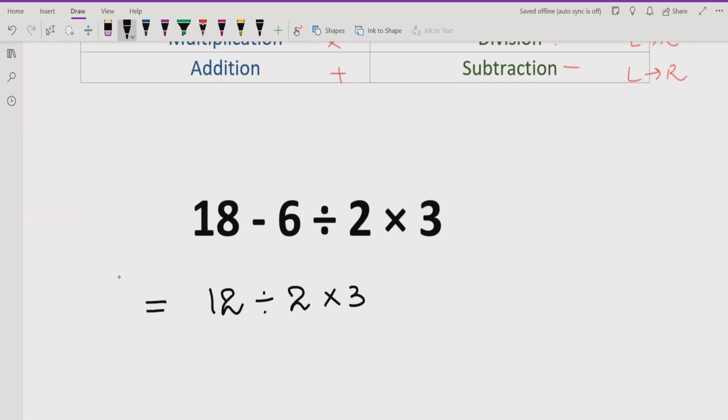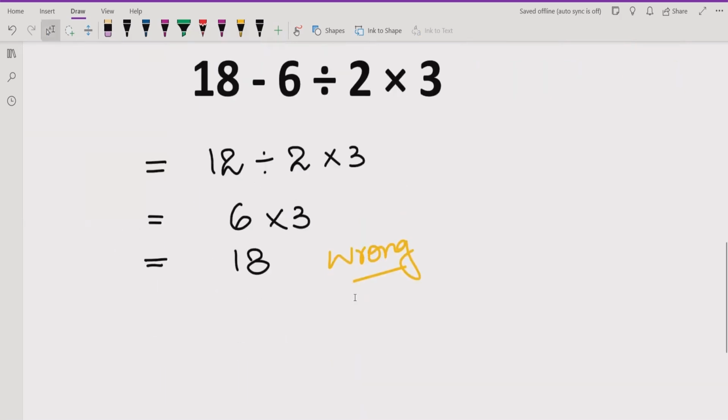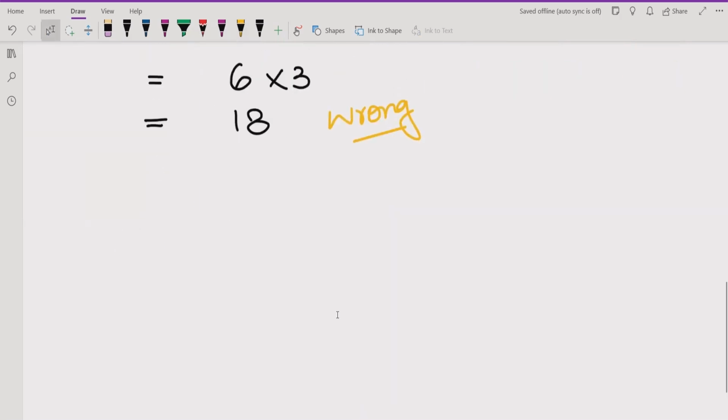After that, you get 12 divided by 2, which is equal to 6, and multiplied by 3, 6 multiplied by 3 gives the answer 18. This answer is wrong. Some people solve it this way, but this is the wrong method. Now we have to see which one is the correct answer for this expression.